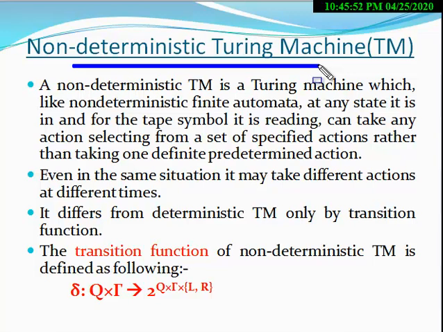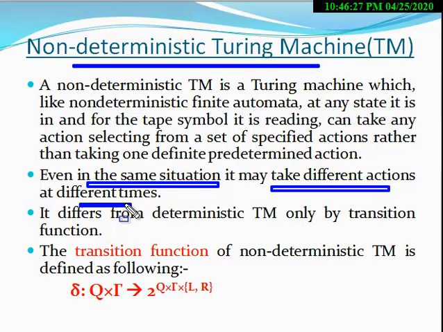Remaining things are the same as in DFA. The second point: in the same situation, it may take different actions at different times. That is, if the same configuration or same situation occurs at any place, then the machine may take different actions at different times.